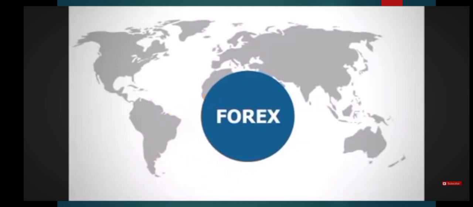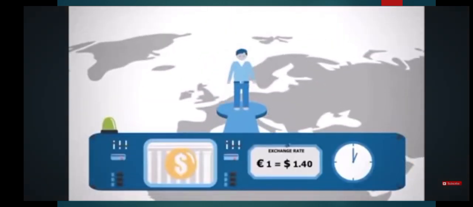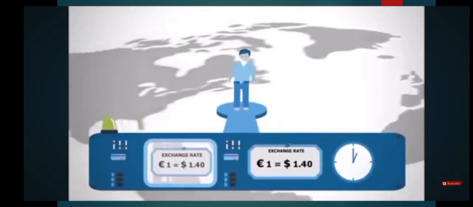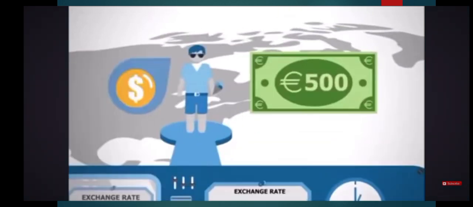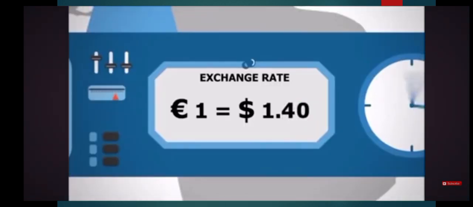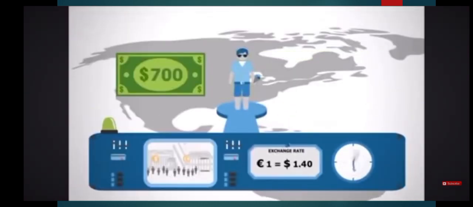Let's use an everyday example to explain how you can actually profit from this. Say you live in Europe and went on holiday to the United States. Let's say that you changed your 500 euros into US dollars at the rate of $1.4 for every euro. You got 700 US dollars, but you do not spend any money at all.